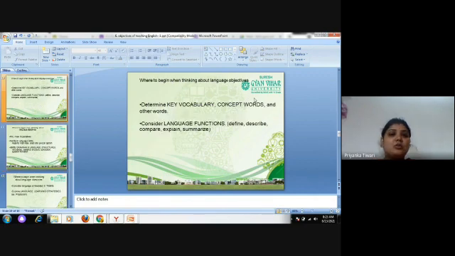And then, where to begin when thinking about language objectives: determine key vocabulary, concept words, and other words, and consider language functions such as define, describe, compare, explain, and summarize.